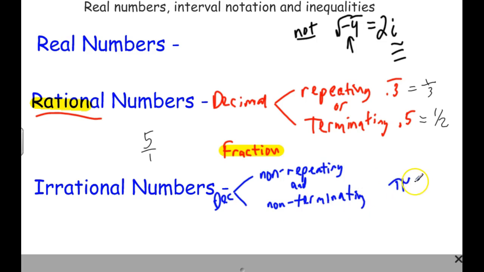We know that they've taken that out millions of places, billions of places, and it doesn't ever repeat, it doesn't ever stop. Less famous, but still nice ones are square root of 3, square root of 2. Square root of 4 is actually not irrational because that's equal to 2. Or cube root of 5 would also be irrational. Anytime you have the square root of a non-perfect square or cube root of a non-perfect cube, you would have an irrational number.